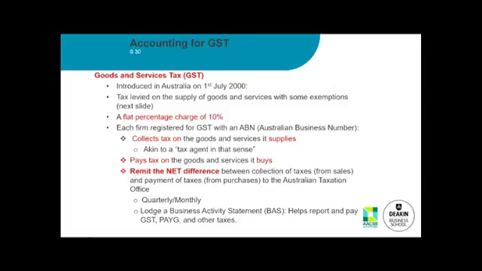The way they do it is through a statement called BAS, or Business Activity Statement, and this is something that the government introduced back in 2000 when they thought that it would be another way of getting some more revenue. So they encourage businesses to basically collect revenue on their behalf.